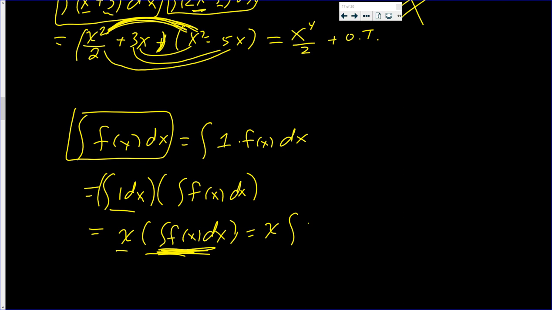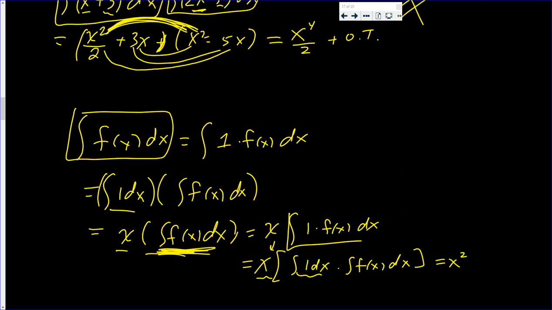Times that x in front, we get x squared times the integral. So again, I end up with the integral that I started with times x squared. And if I did this again, if I said there's a 1 here, 1 times f of x, I can get x cubed times the integral of f of x dx. But no.